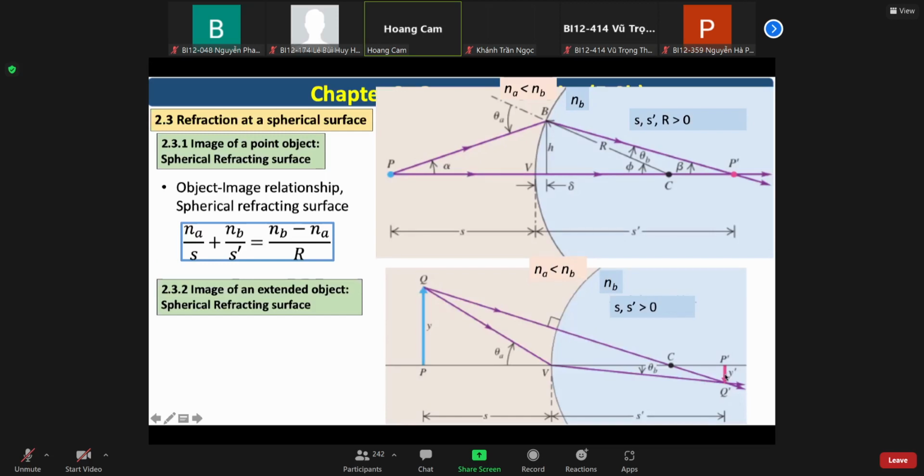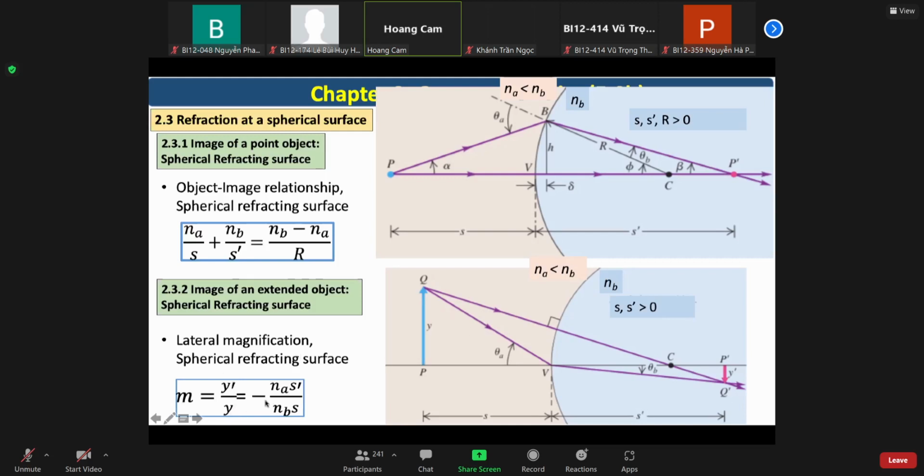So the image is inverted, because you see the direction of the object and the image here, and it is smaller than the object. You see, yes. And the angles theta A, theta B here. And we can also find the lateral magnification. In the case of the spherical refracting surface, M equals y prime over y, which is the original formula.